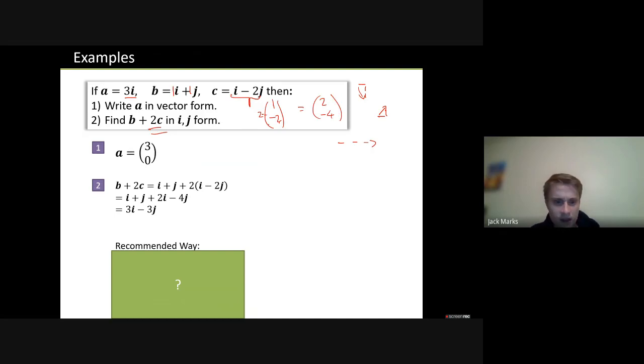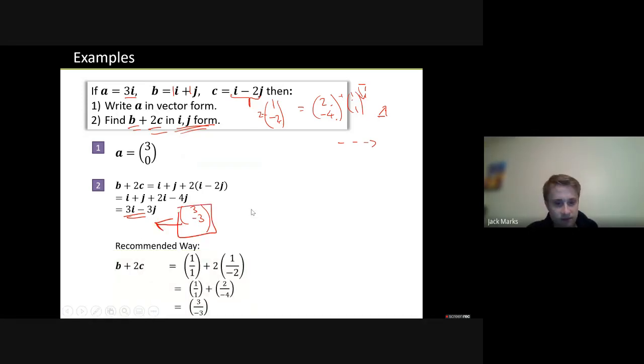And then I would add B. So this is plus 1, 1. Can you see that you would get 3, minus 3, which can also be written as 3I minus 3J. It does say here, though, in IJ form. So if I were you, I would do this and then write it like that at the end.